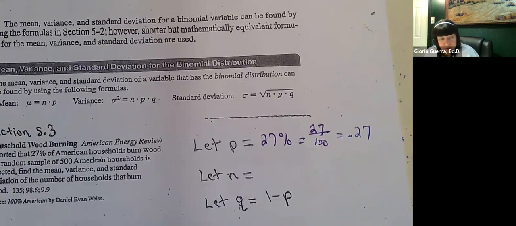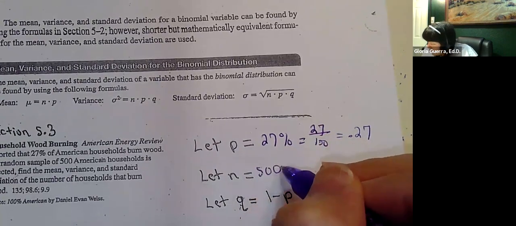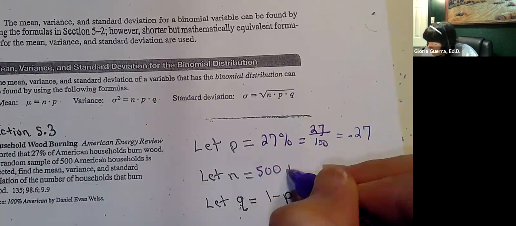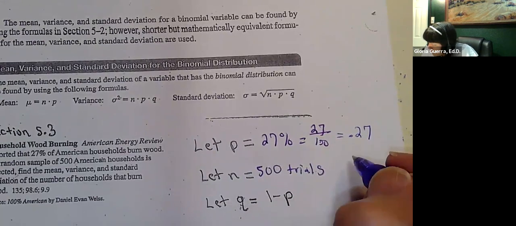Okay. All right. So then n is 500 trials here. So these are your households.